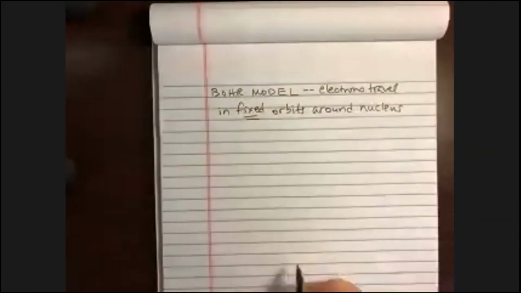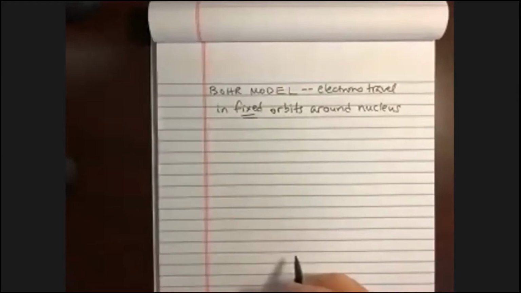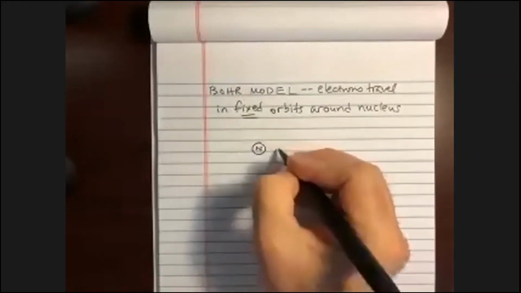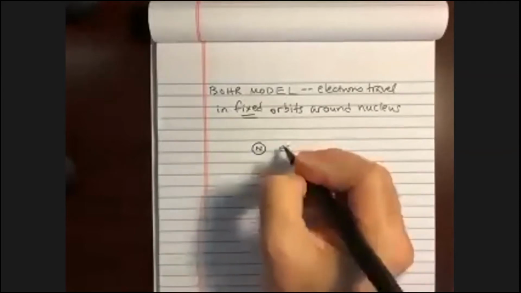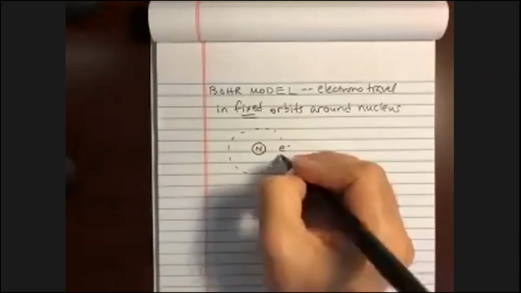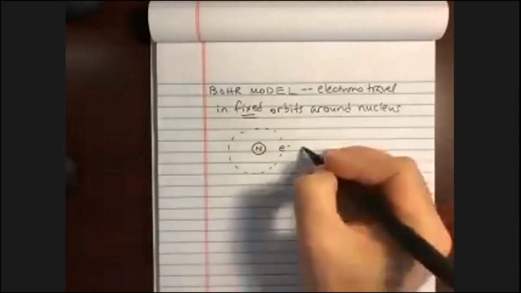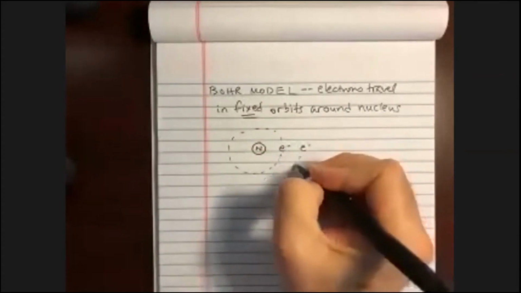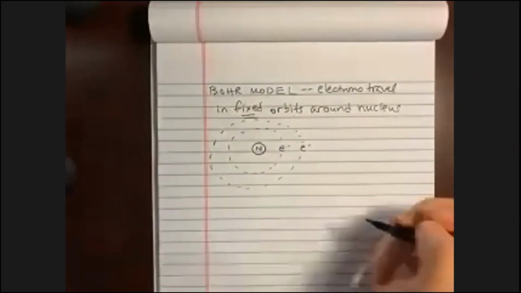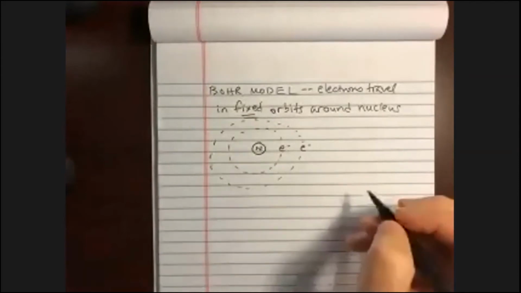Sometimes it's been called a planetary or solar system model. In other words, if this is the nucleus, then you have an electron here, basically traveling in an orbit around the nucleus. And then another electron would travel in a different orbit and so forth.